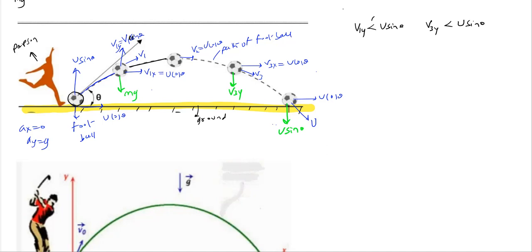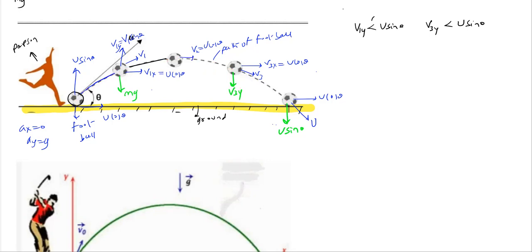Next you have to ask what will happen to this vertical component? Because of the weight mg, the vertical component of the projectile will keep on changing. When it moves from here to here, the vertical component decreases. When it moves from the highest point to the point of striking, it will increase.